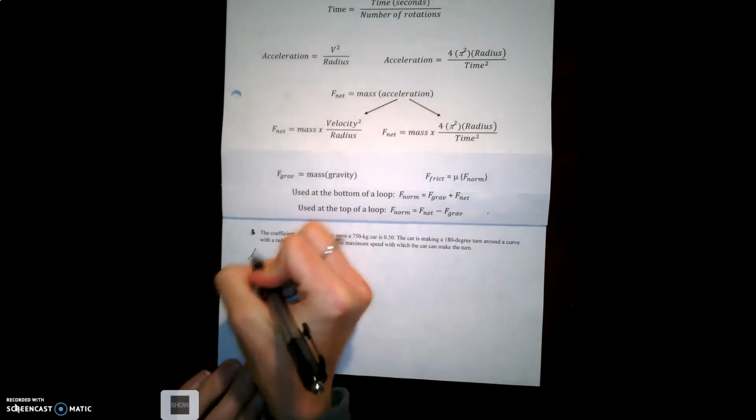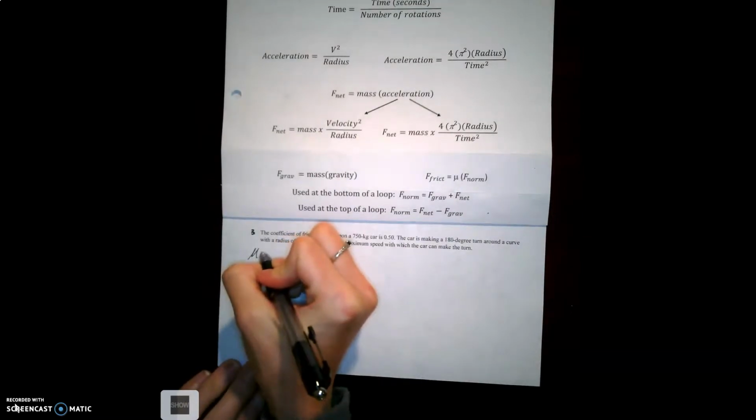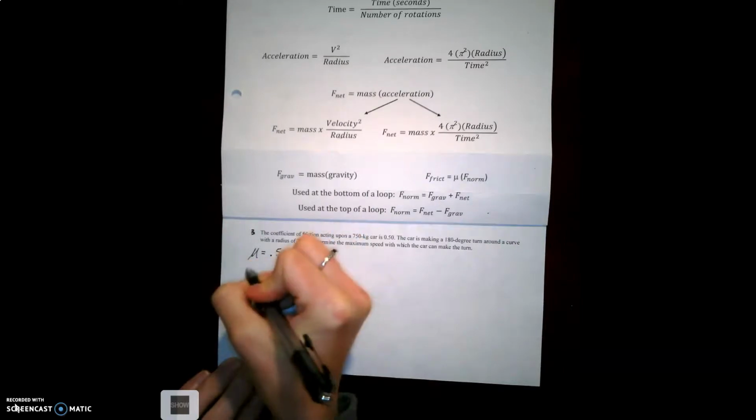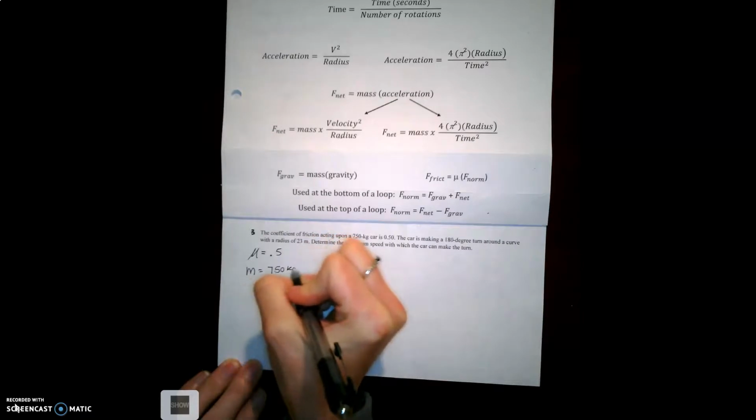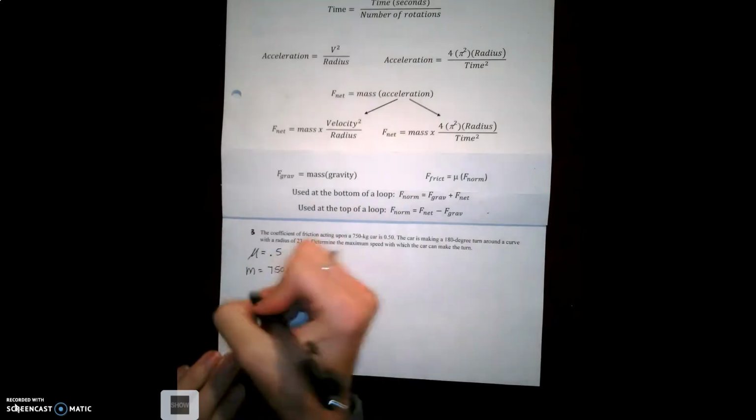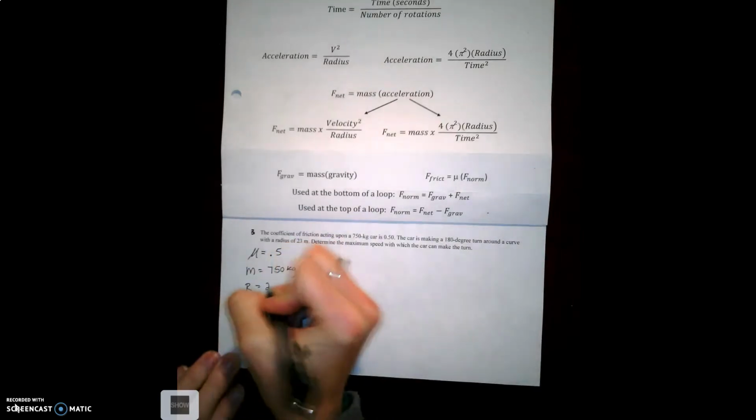So pulling out everything we're given, they give us the coefficient of friction to be 0.5, the mass to be 750, the radius to be 23 meters, and we want to find the maximum speed.